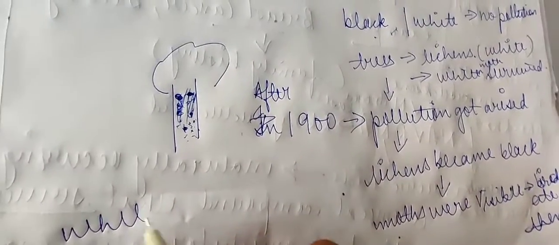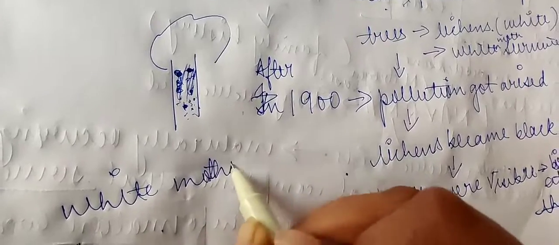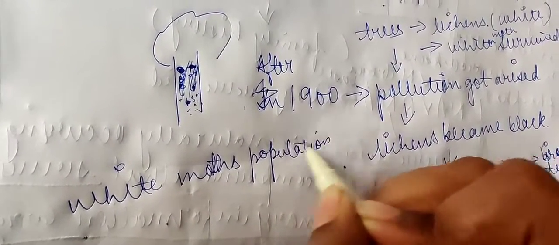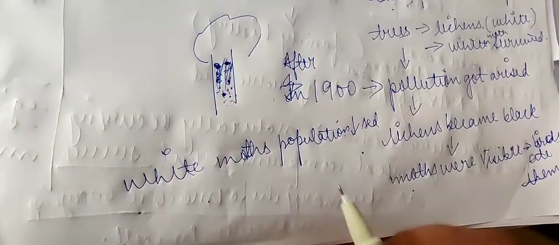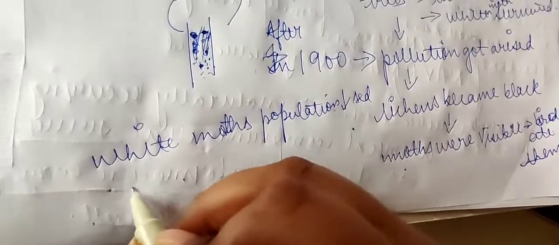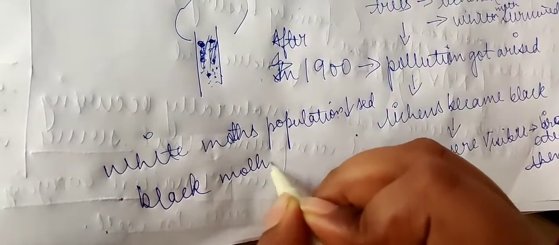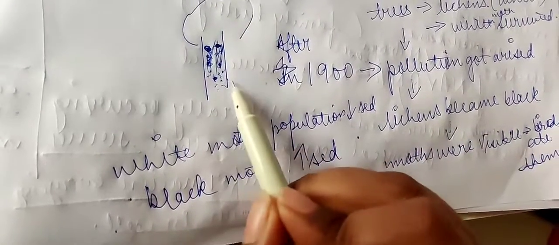After that, the white moth population decreased. Simultaneously, the population of the black moths increased, because there were very few left.